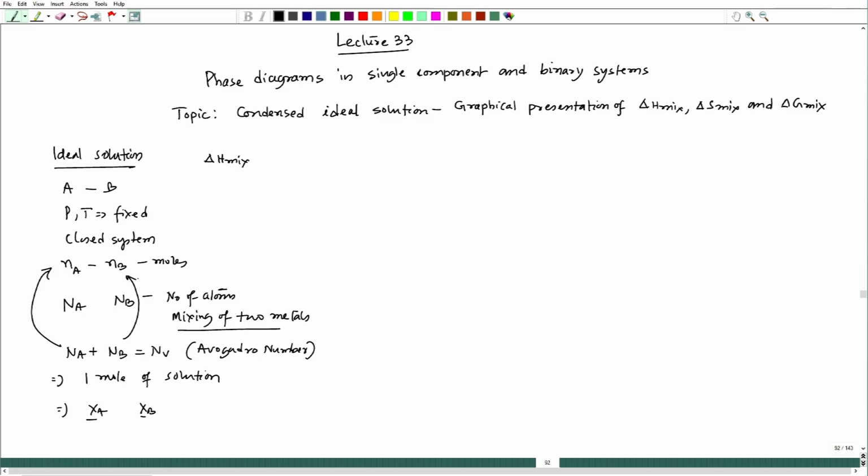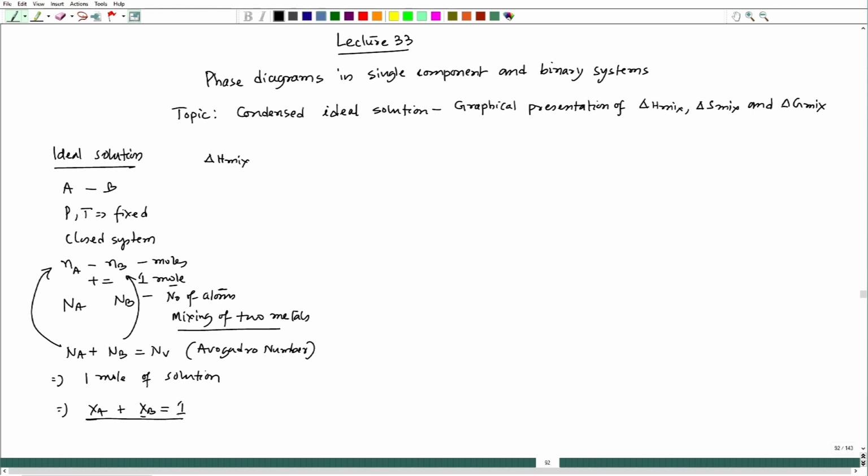If we take Na and Nb number of moles and add them together, that will lead to 1 mole. So, still we will get Xa and Xb, and Xa and Xb added together would lead to 1.